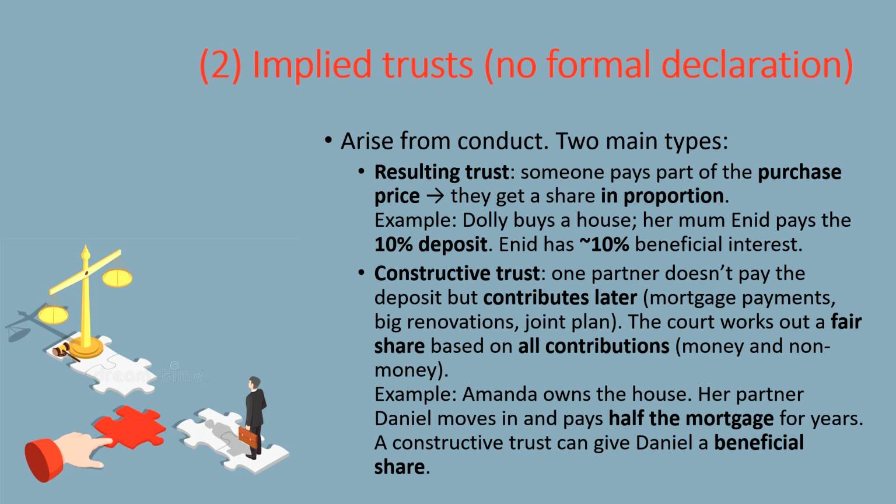Example again, let's say that Amanda owns the house and then a bit later on, her partner Daniel moves in, and for years and years he always pays half of the mortgage payments. So that means that there will be a constructive trust that gives Daniel a beneficial share even though his name doesn't show up on the original deed.